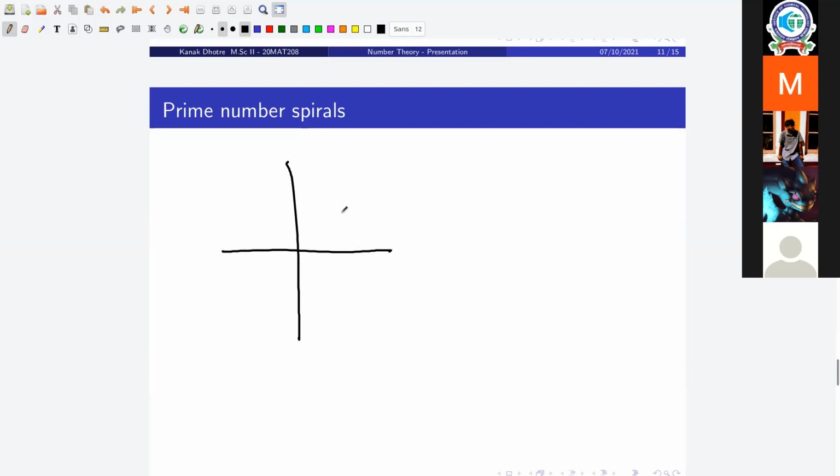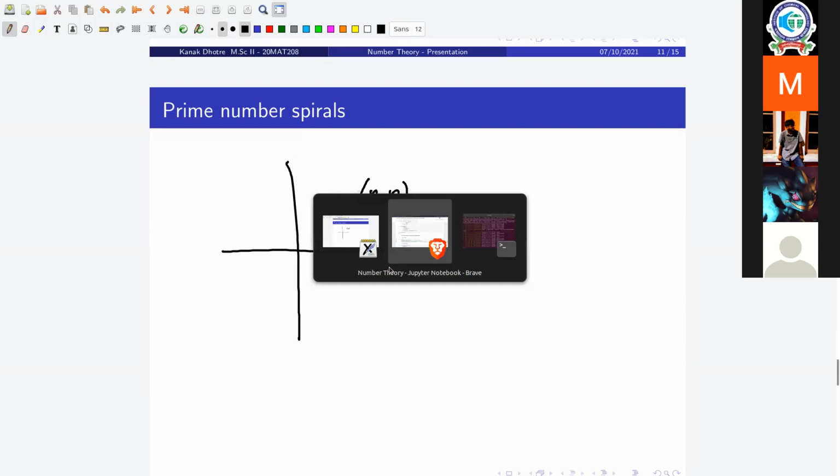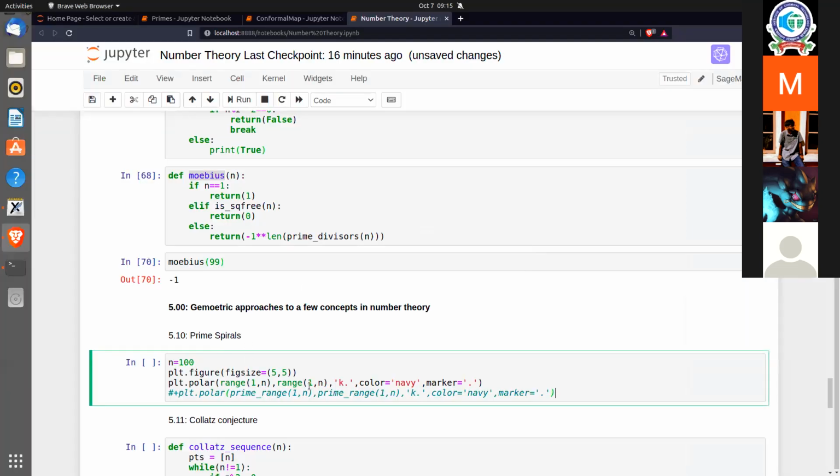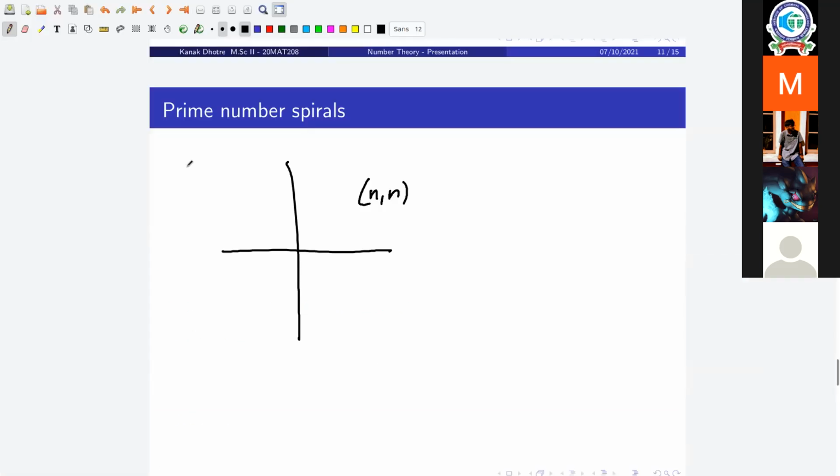And then I'm plotting all the values n comma n, where I've defined the range of n from 1 to N, evenly distributed. So for instance, if I plot 1 comma 1, it will be a point at a distance 1 making an angle of 1 radian with the positive x-axis, right? I'm plotting all of those points.